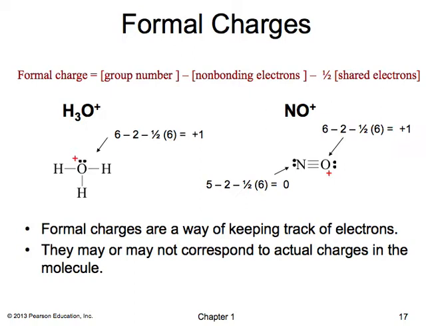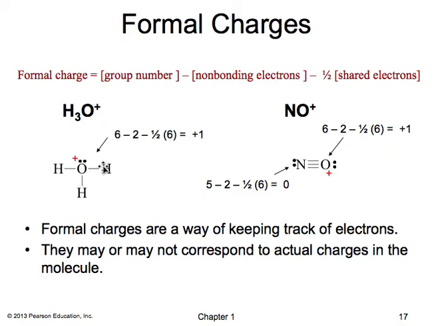Now, we can then calculate what are called formal charges. For formal charge, the equation is the group number, subtract the non-bonding electrons, and subtract half of the shared electrons. So as an example, here's a hydronium ion, H3O+. If we're trying to calculate the formal charge on the oxygen, it's 6, the group number of oxygen is 6, minus 2, right?